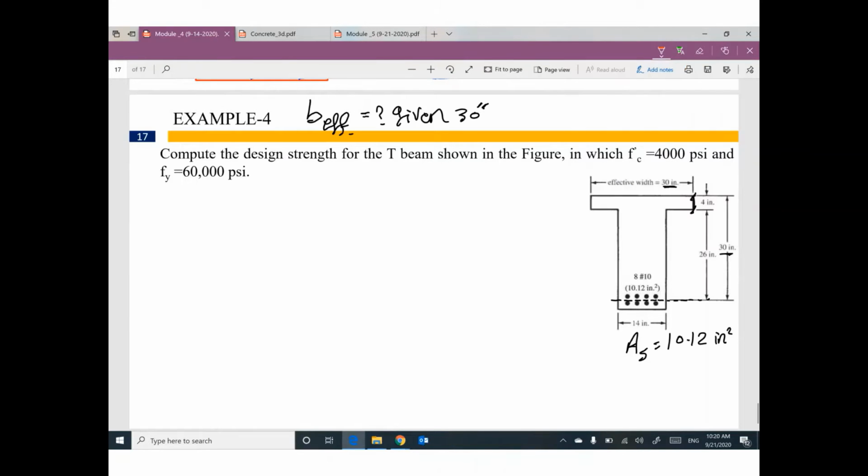My question is, do you think the neutral axis is within or outside the flange? Remember, we have two cases.